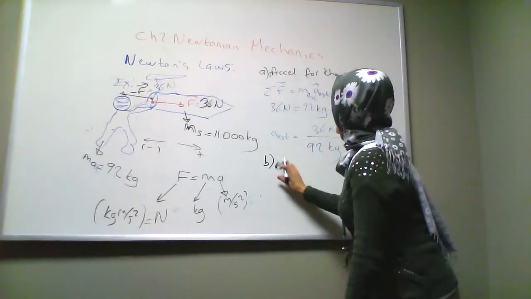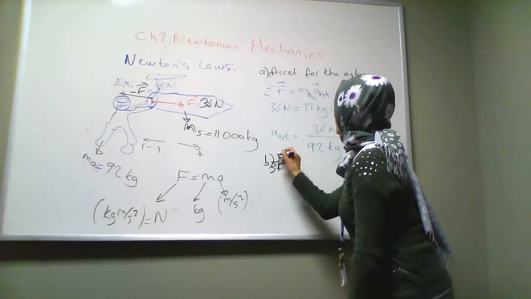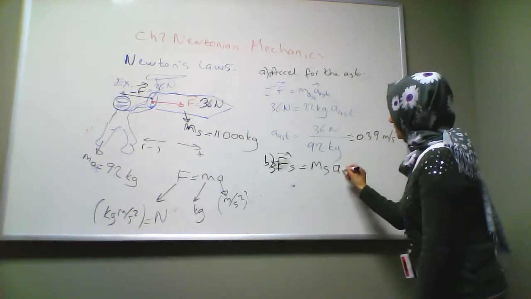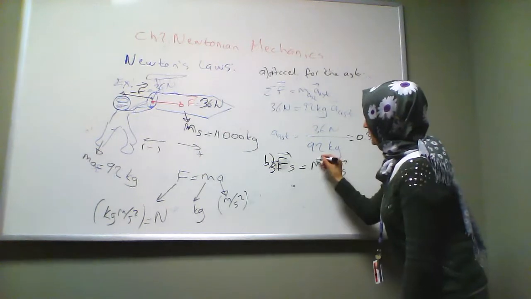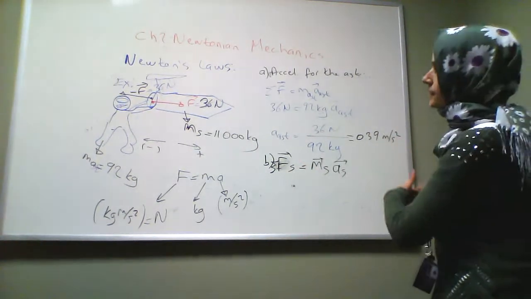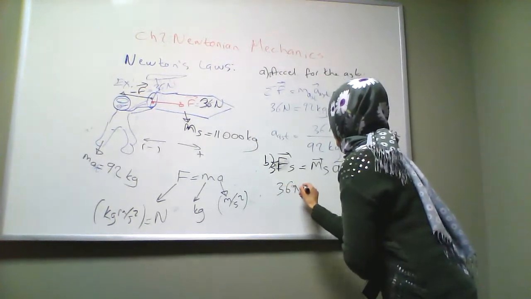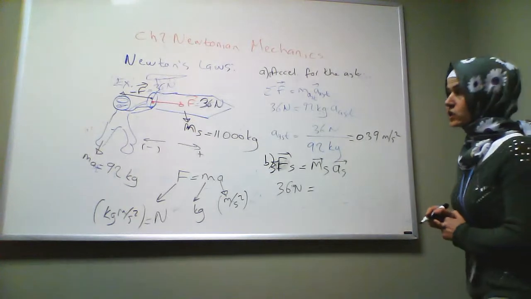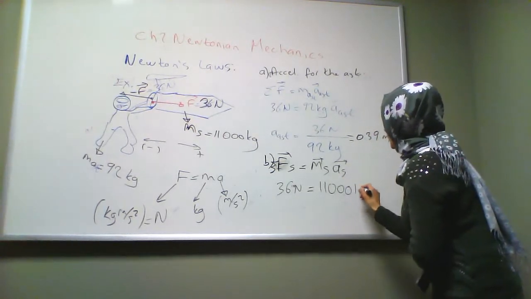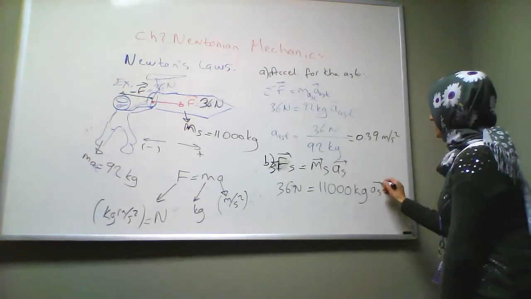F spaceship, total F spaceship, is equal to M spaceship times A spaceship. Total force is acting to the right, positive, but I'm just taking magnitude now, 36 Newton. And the mass of the spaceship is 11,000 kilograms, times the acceleration.